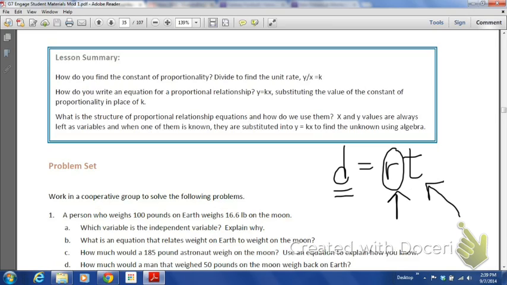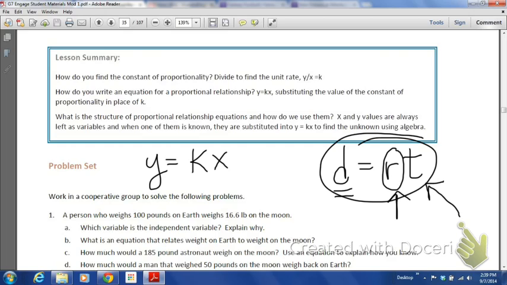Okay, so in life, that is a way that this, and again we wrote it as y equals k, that constant times x. Okay, y equals kx. d equals rt is a very similar thing because the r is the rate, matches up with the k, our constant. Okay, so get rid of all that.